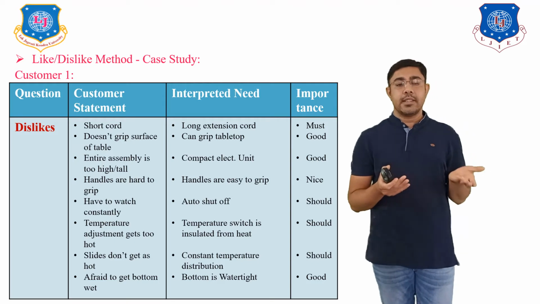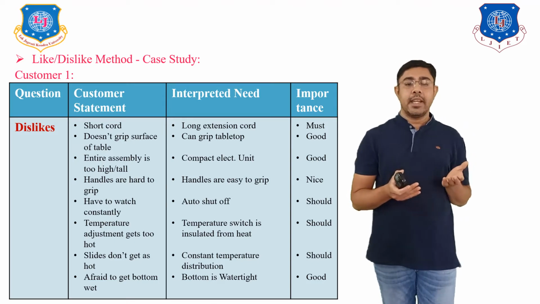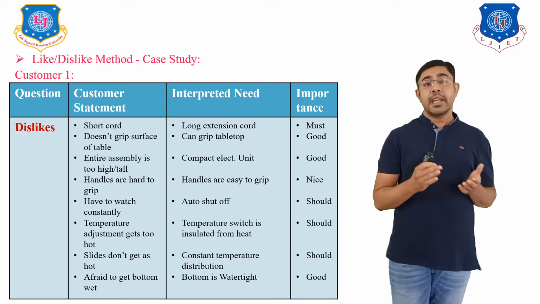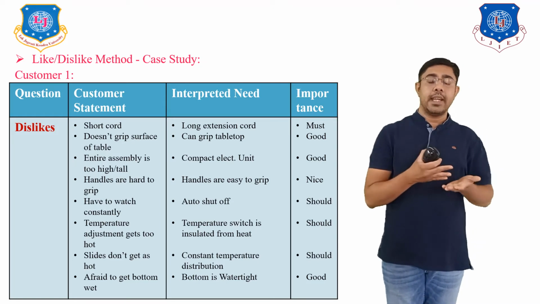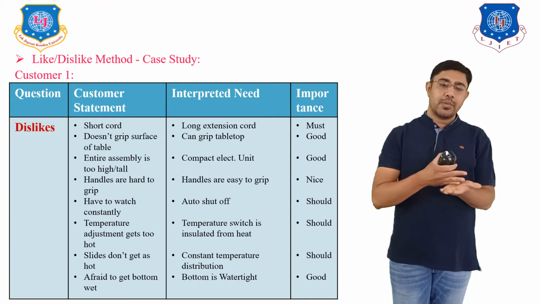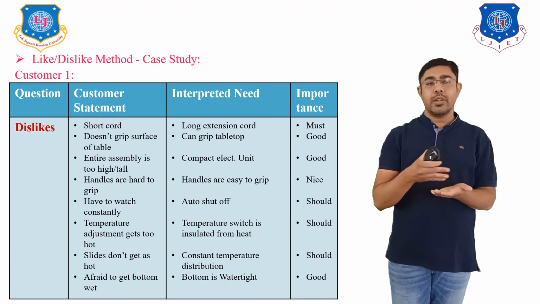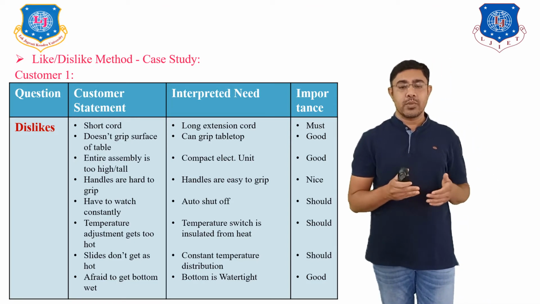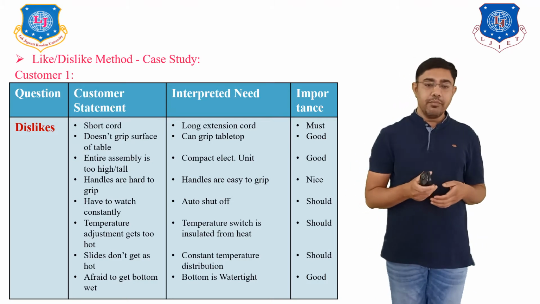So this is the dislike statement, and the interpreted need of this statement is can grip the tabletop. If there is grip on the tabletop, then during stirring the pan cannot move. So that is good.